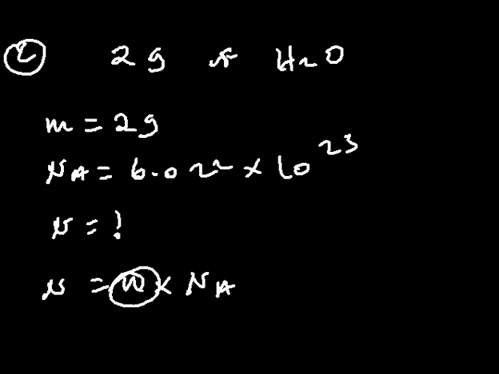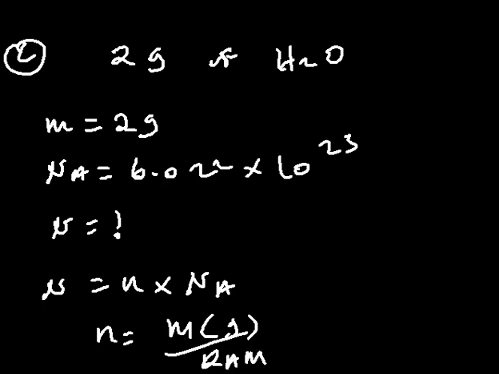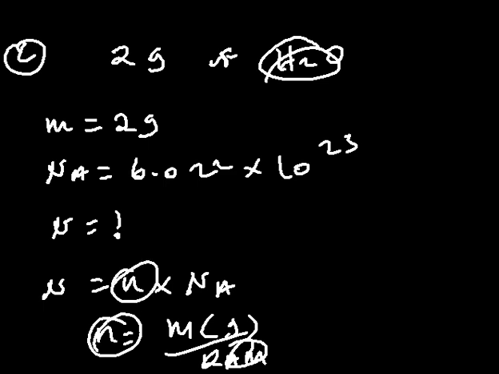So we need the number of moles, which is the mass in grams divided by the molar mass. Here the molar mass is that of H2O, which you need to calculate and put here, and you have the number of moles, then you have the number of particles. So keep that in mind.